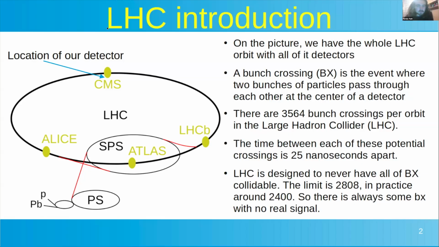We have 3,564 bunch crossings on our LHC orbit, and the time between those is 25 nanoseconds apart. Actually, the LHC is not designed to have all bunch crossings collidable, so some of them have no real signal. They're called non-colliding bunch crossings, and this will help us later.